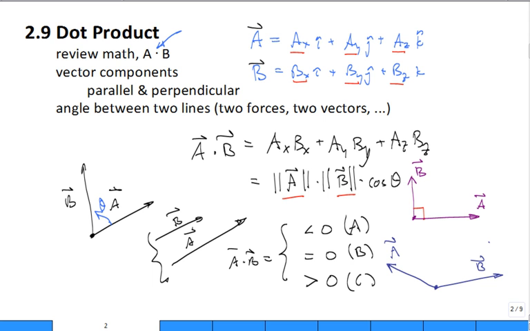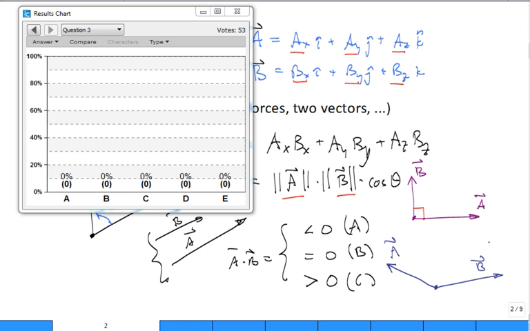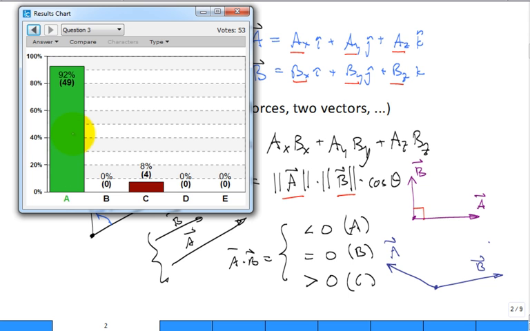All right, we're all in, so let's go ahead and look at the results. It's going to be negative. Why? So when theta is greater than 90 degrees, the cosine is negative. True?